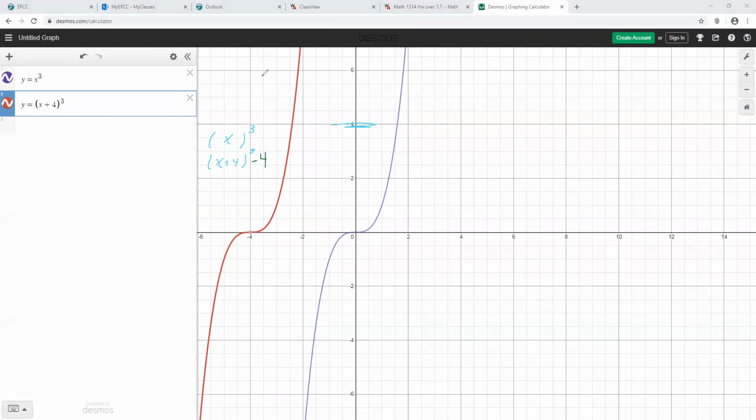So if we check and see if we're correct so far, we come over here and type minus 4, and this blue graph better do what, Megan? Move down 4. So presto.